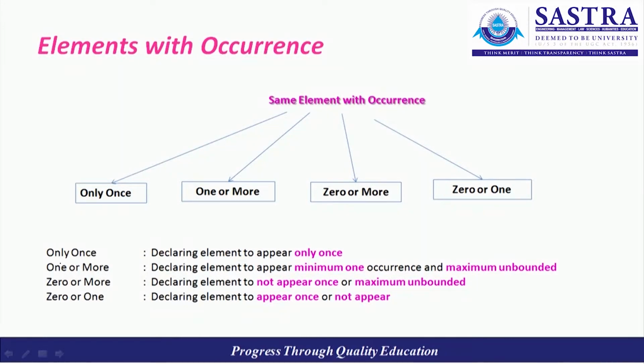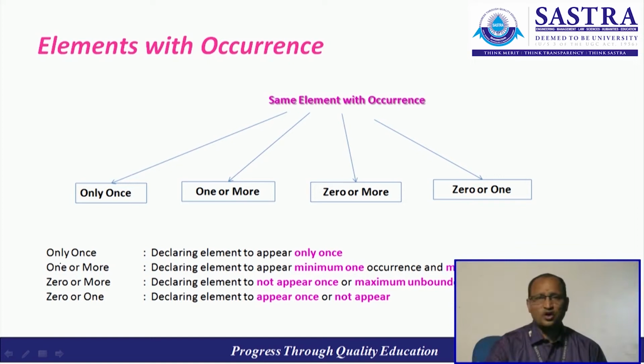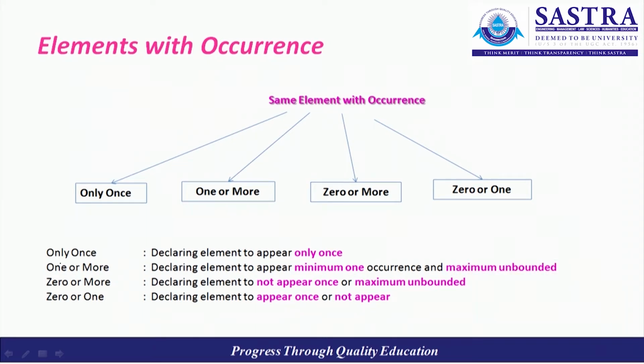Usually in an XML document the elements are repeated more than once. It is possible for an XML document to have the same element repeated a number of times, and that is called occurrences.